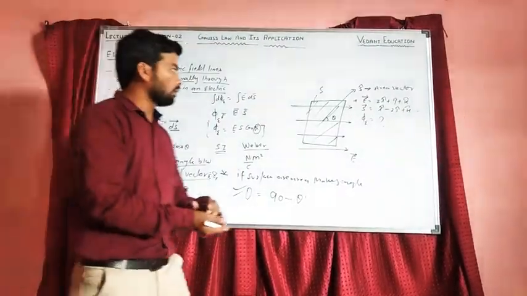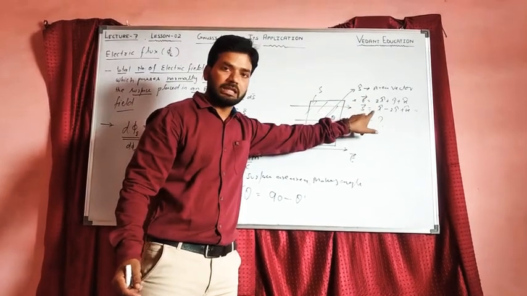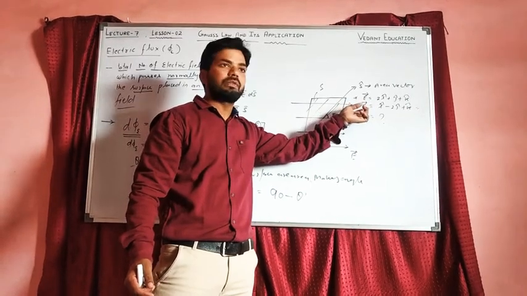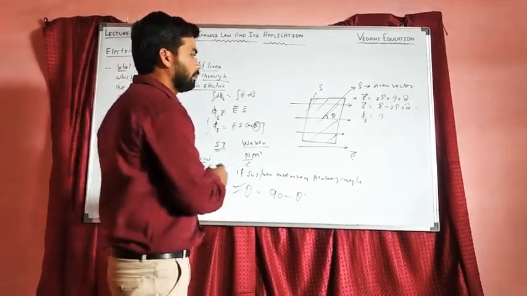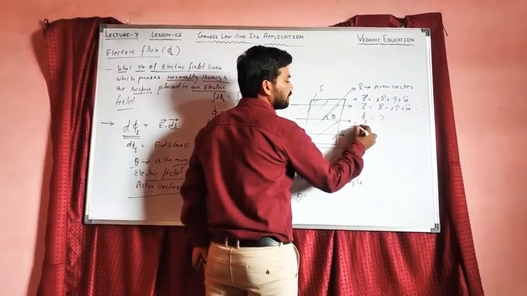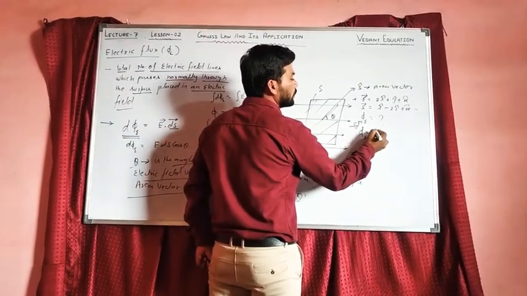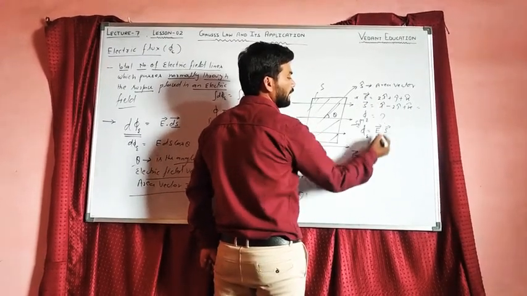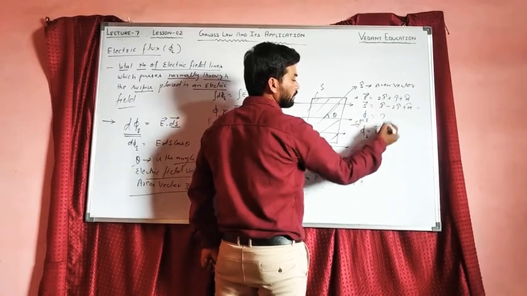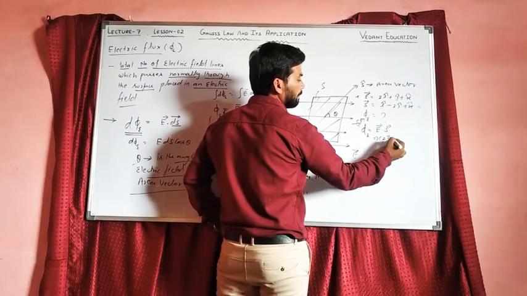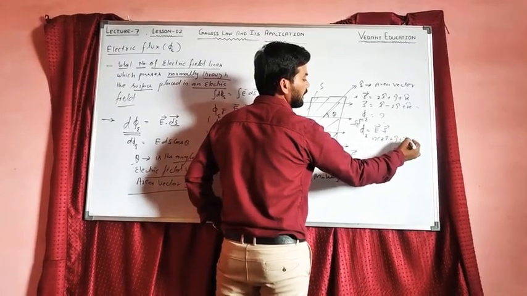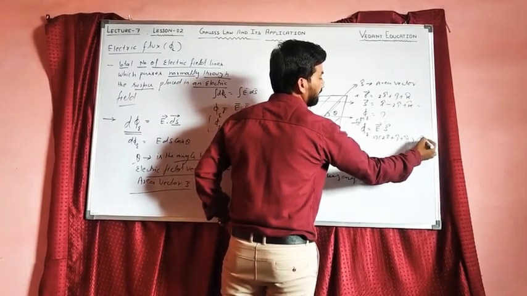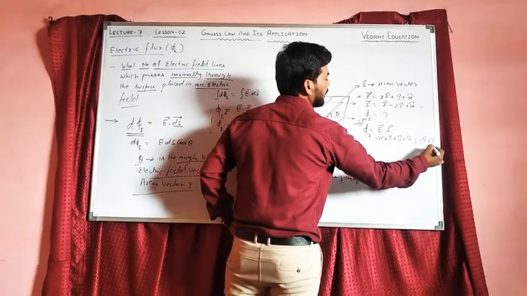You have the formula phi E equal to E dot S. Put the values: E is 2i cap plus j cap plus k cap, dot, i cap minus 2j cap plus k cap. It is a dot product.